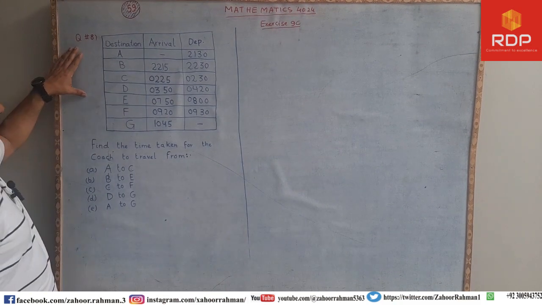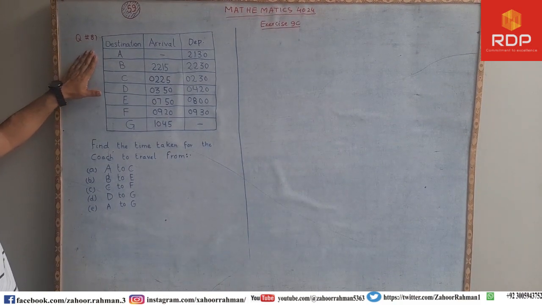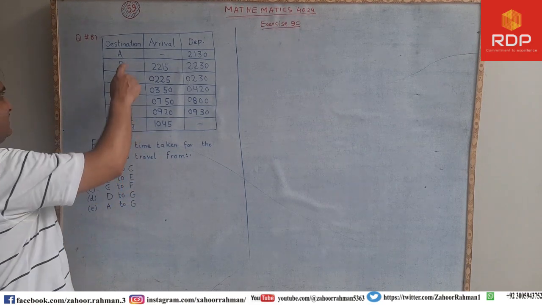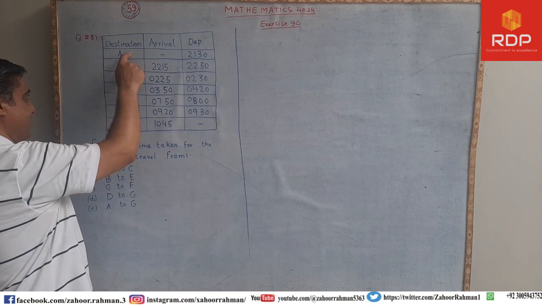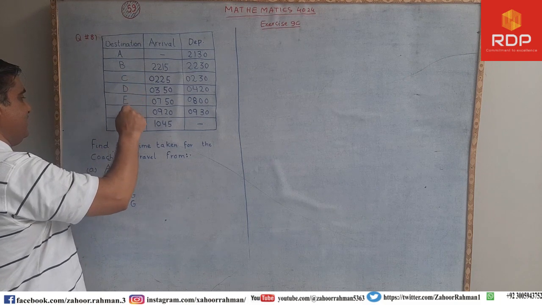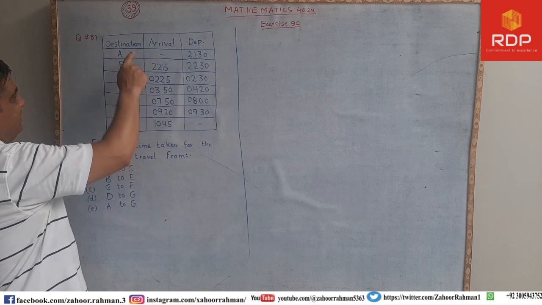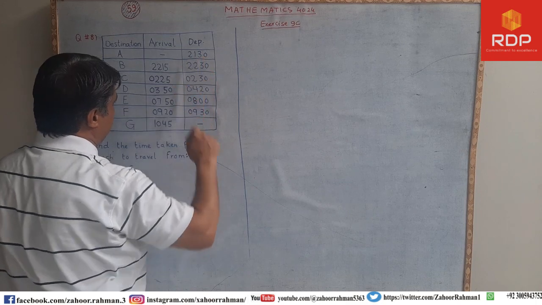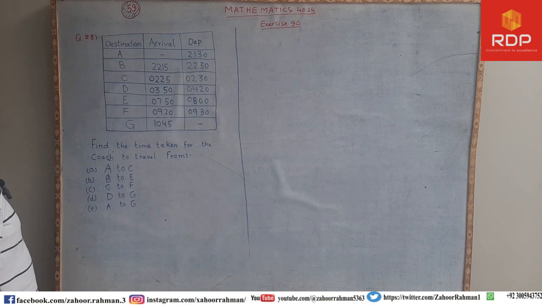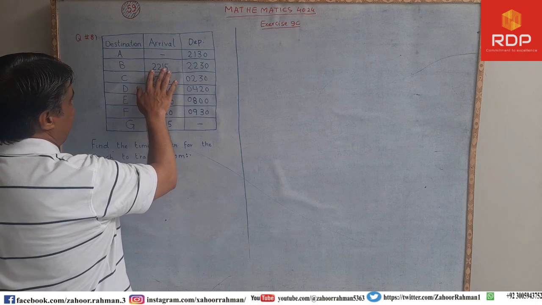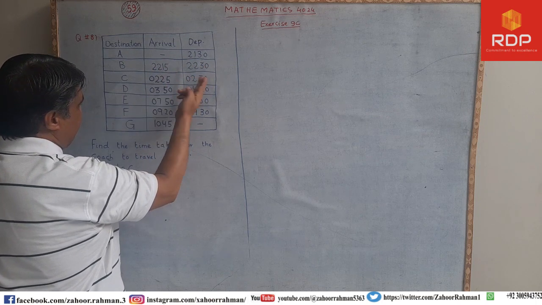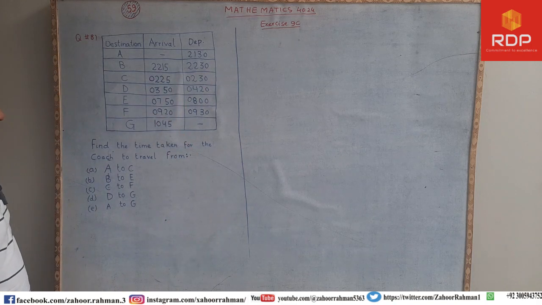In question number 8, they have given us this table in which there are destinations A, B, C, D, E, F, G. Destination A departure time is 21:30 and then destination B arrival, then destination B departure, and so on.